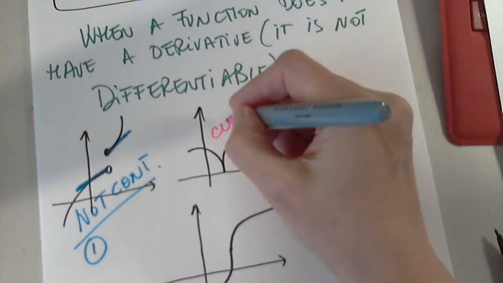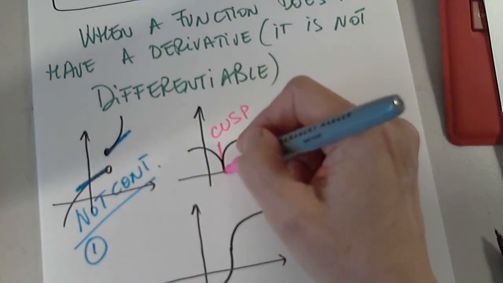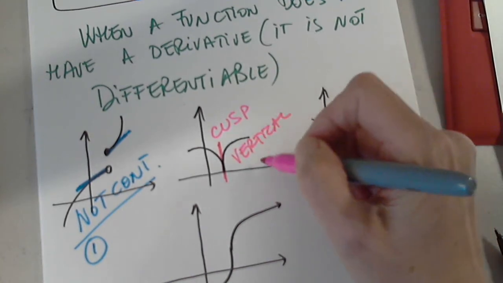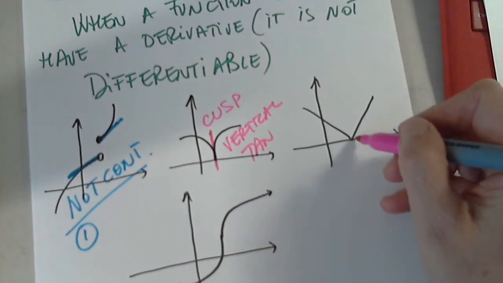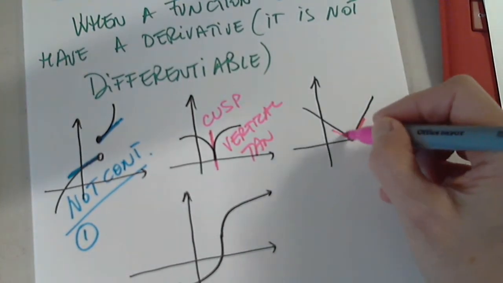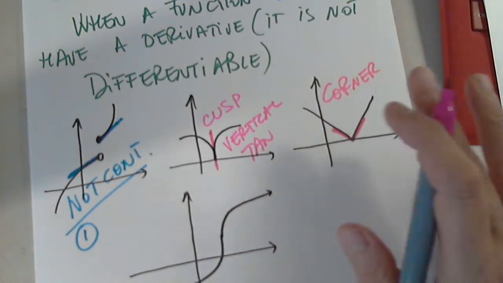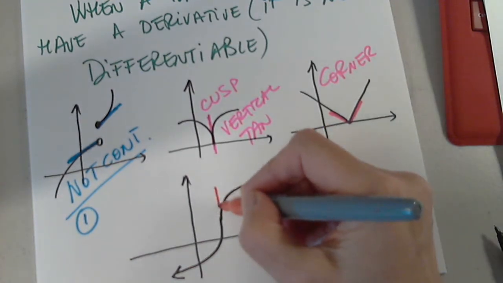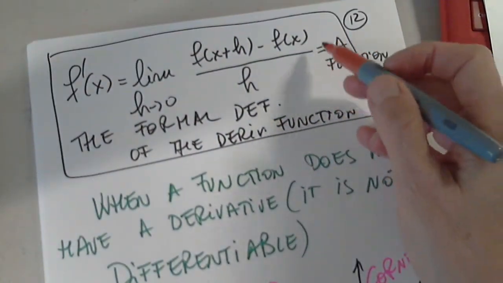This is normally called a cusp, like between two teeth, and the tangent is kind of vertical. So vertical tangent, not differentiable. Again, the situation with two tangents. This is called the corner, not differentiable. And this is another situation with a vertical tangent. What does this mean? This is an infinity.